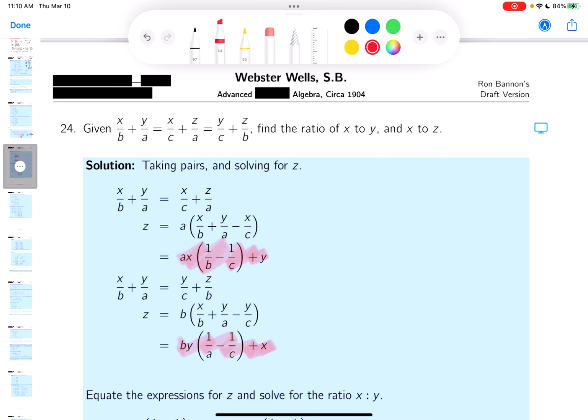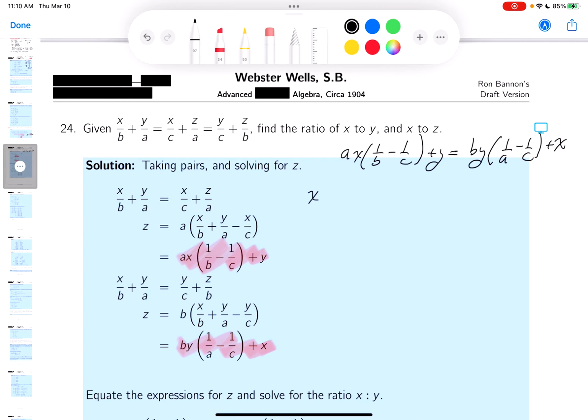And basically someone says, what, did you just eliminate the z in the problem? So let me write this over here. What do you get? You're going to get a x, 1 over b minus 1 over c, plus y equals b times 1 over a minus 1 over c, plus x. I'm going to get the x's on one side, y's on the other. And as I do it, I'm going to factor it.